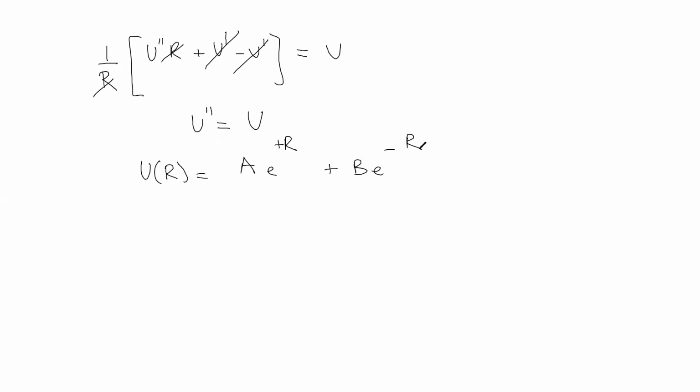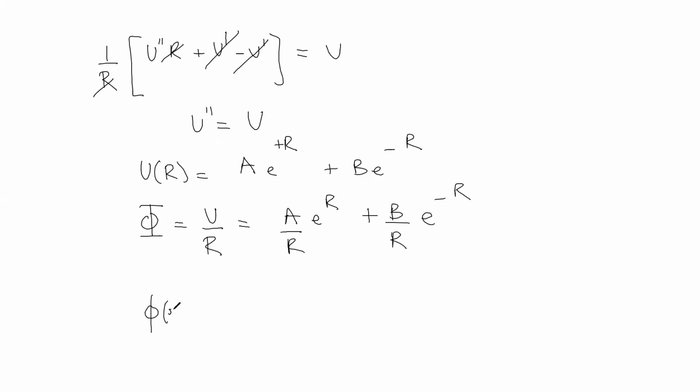All right, so now I can recall that phi was u over r, meaning a over r plus b over r exponential minus r. That's the potential in dimensionless units, and I can now put back real units. So let me just change notation.